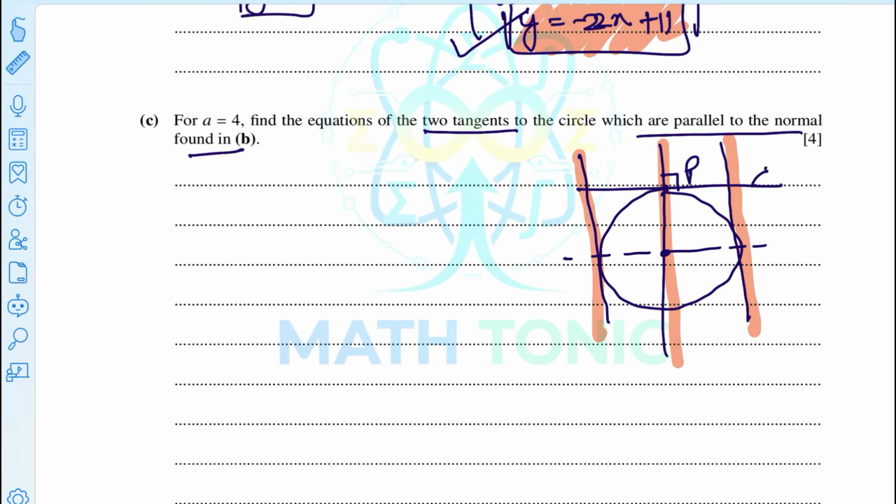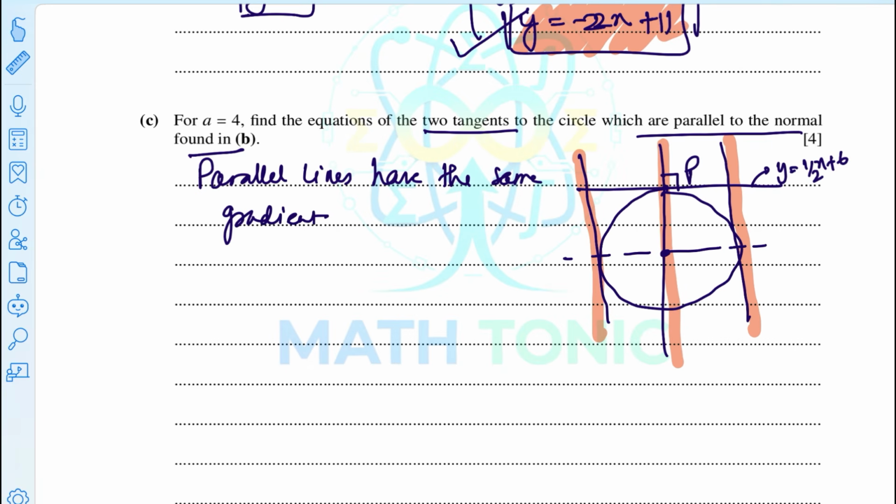Already this equation we have, that is y equals half x plus 6, right? And first of all you tell me, parallel lines have the same gradient, right?